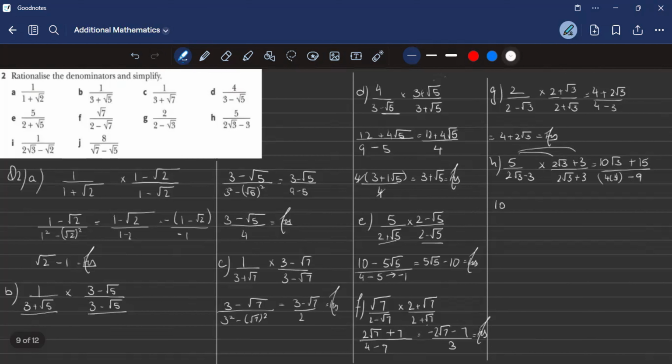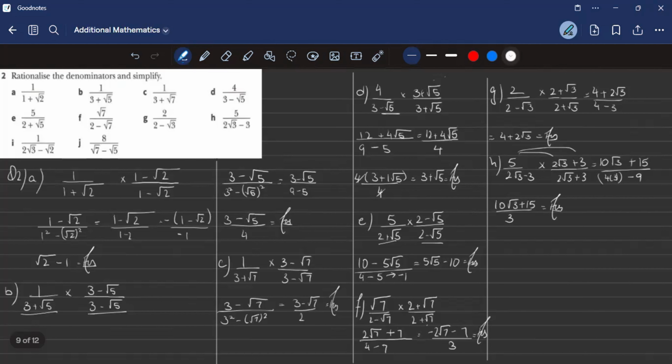Simplify this: 10 under root 3 plus 15 divided by, 4 threes is 12. What is 12 minus 9? It's equal to 3. So 10 under root 3 plus 15 divided by 3 would be our final answer for part H.